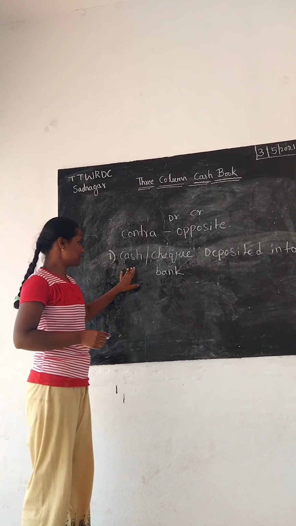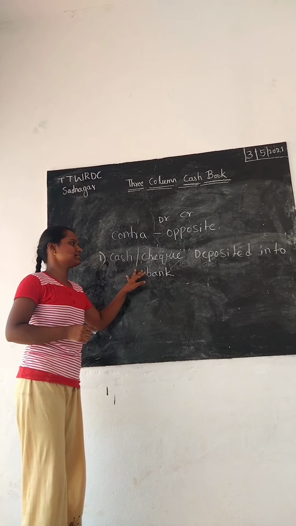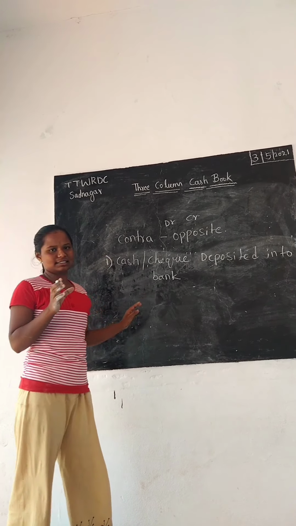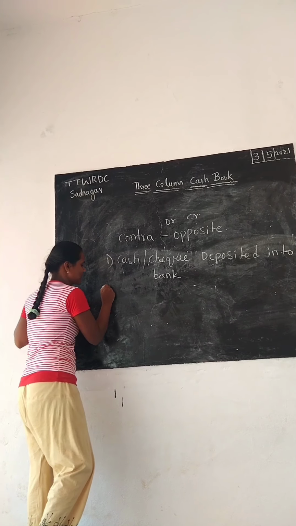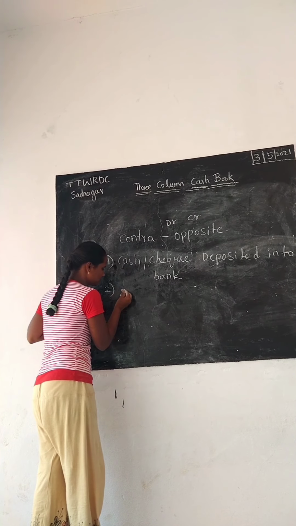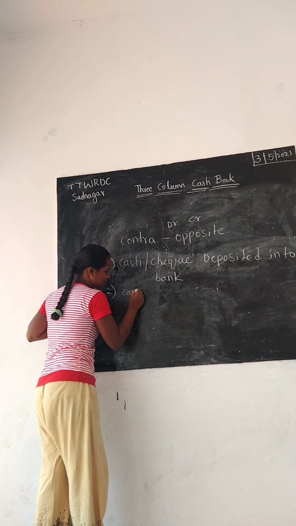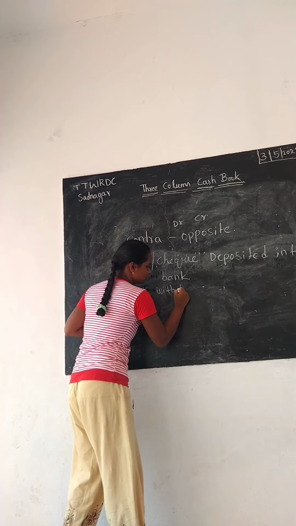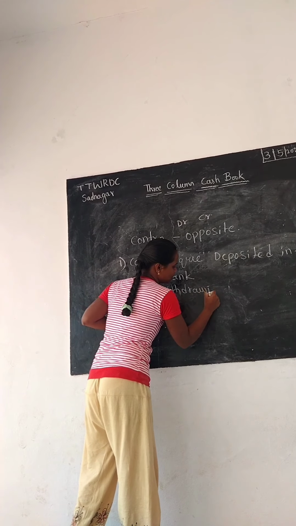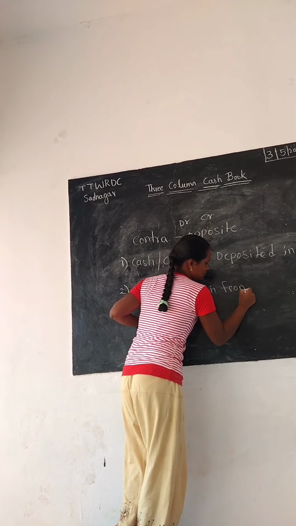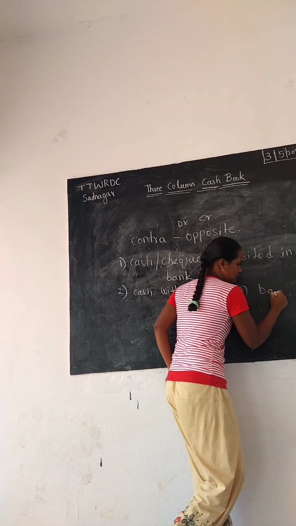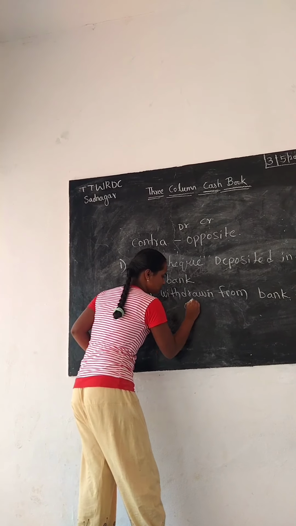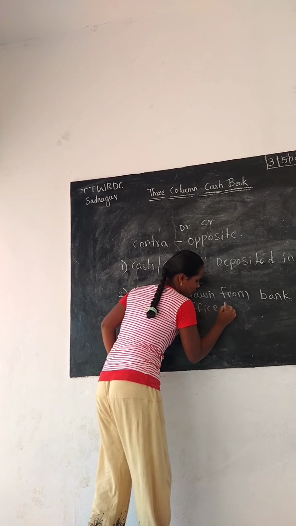Here the cheque or cash we are depositing into a bank is considered as a contra entry. And the second one is cash withdrawn from the bank for office use.